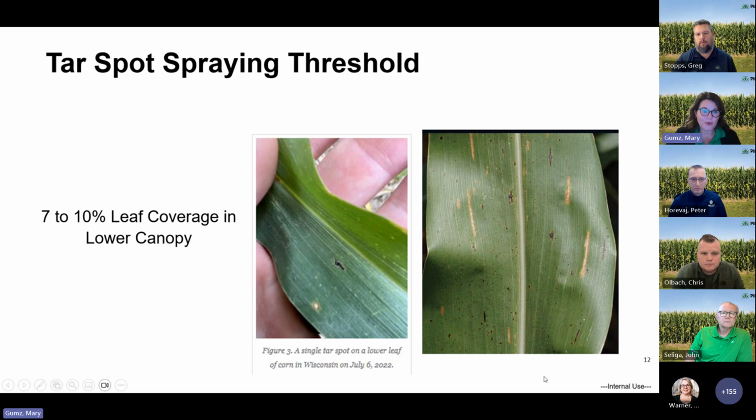When you're just going visually, when you start seeing 7 to 10% leaf coverage in the lower canopy, so below the ear leaf, that's when you really need to start thinking that, hey, I'm going to need to spray.